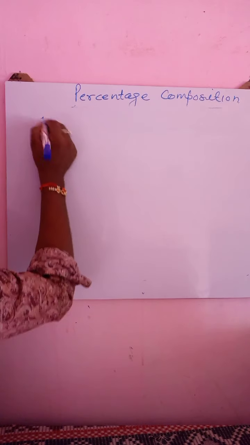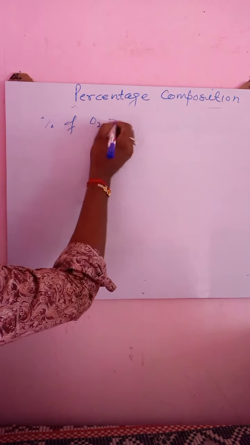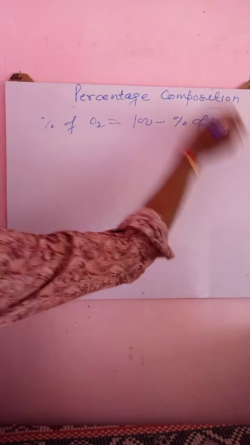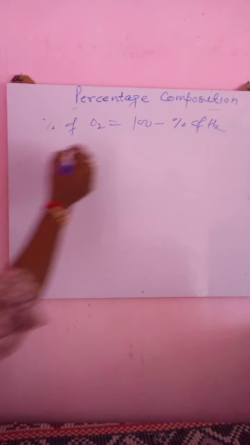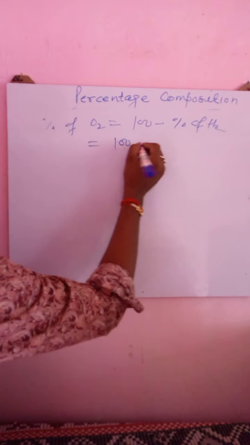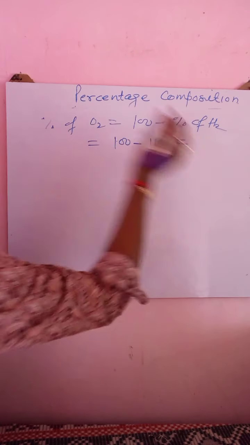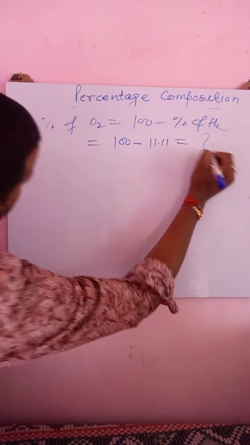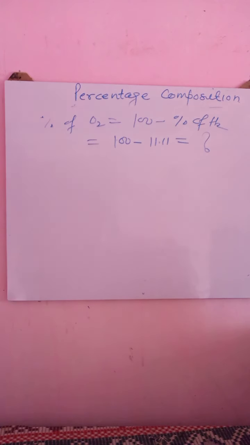So the percentage composition of oxygen is equal to 100 minus the percentage composition of hydrogen. We got the percentage composition of hydrogen, 11.11. Whatever you get will be the percentage composition of oxygen in the water molecule. I hope you can do the subtraction.